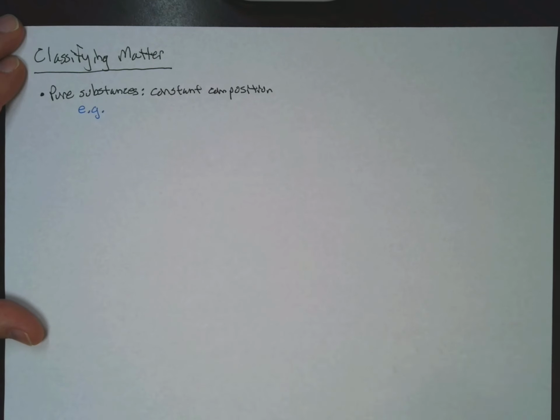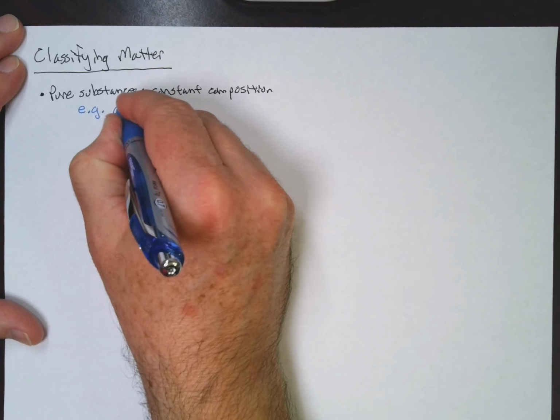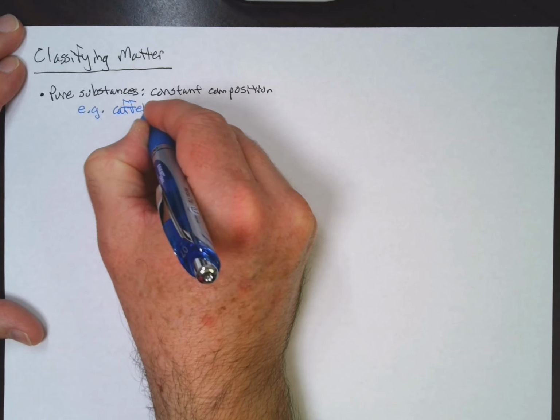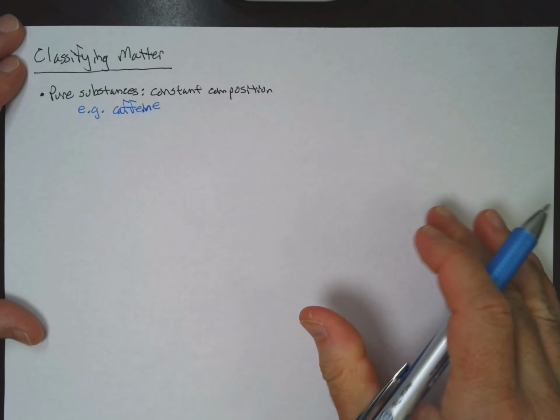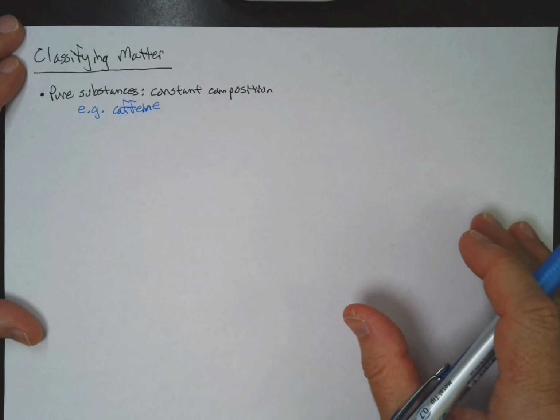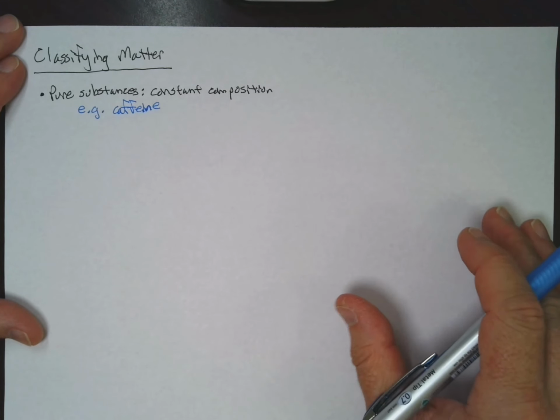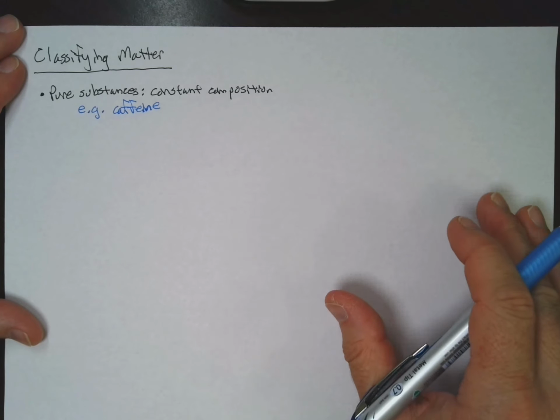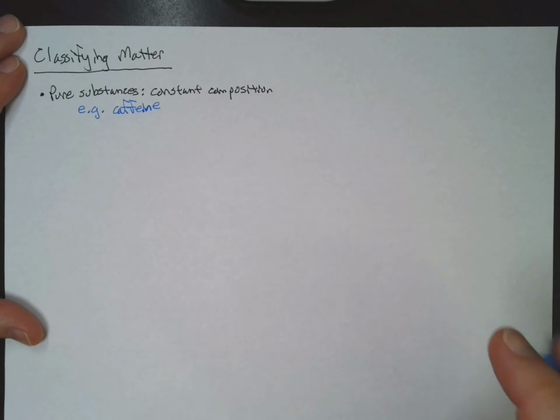Well, this is decaf, but let's just say, for example, caffeine. Any bit of caffeine looks like any other bit of caffeine. And you can break down the caffeine, but you can only break it down into individual bits of caffeine. If you broke it down any more, it would no longer be a pure substance.